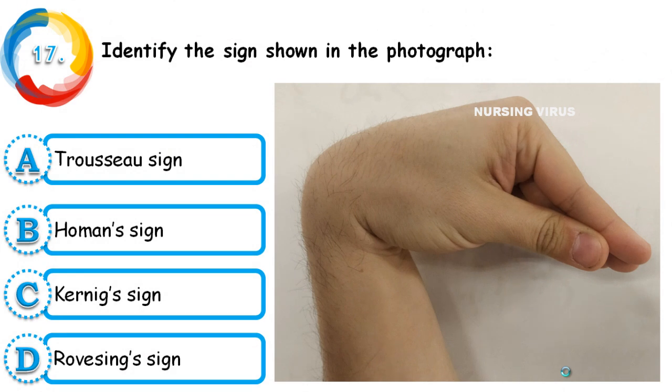Question number 17. Identify the sign shown in the photograph. Options are Trousseau sign, Homan sign, Kernig sign, and Rovsing sign. The correct option is Trousseau sign, otherwise known as carpopedal spasm.